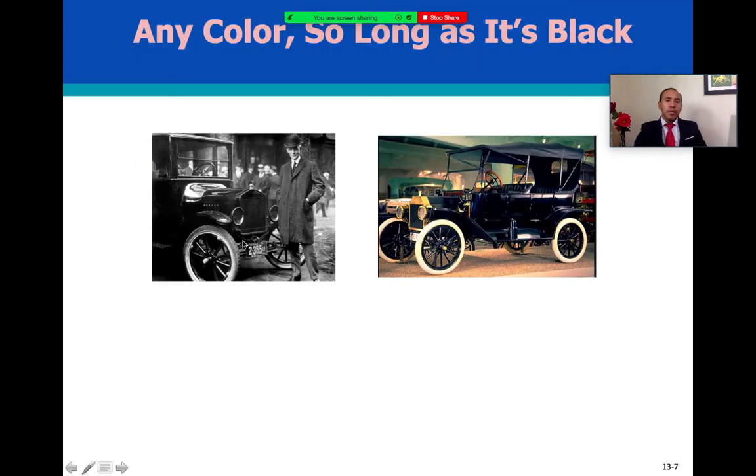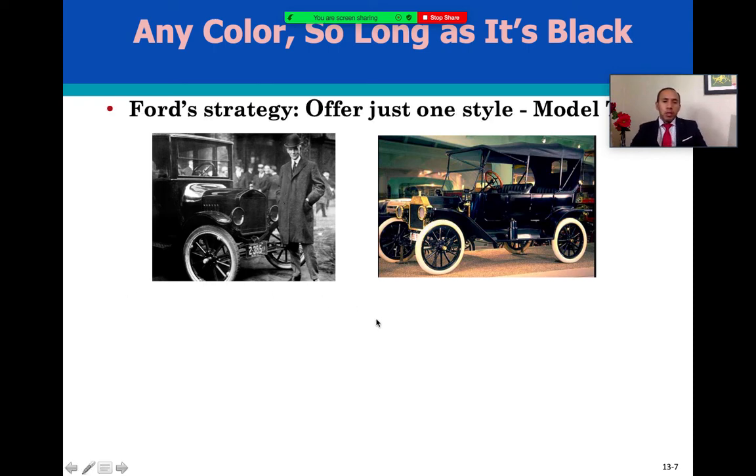Now, let's take a look at the automobile industry with Henry Ford as one of the revolutionaries that introduced the assembly line in the production process of cars. Henry Ford is known for his strategy of producing the standard Model T, one of the first American automobile factories that revolutionized the market.